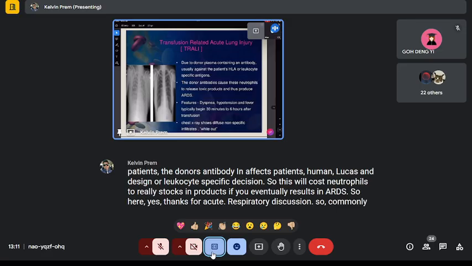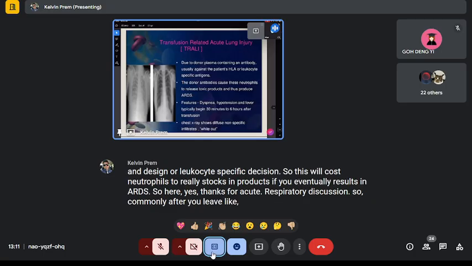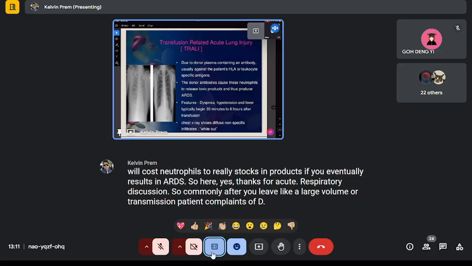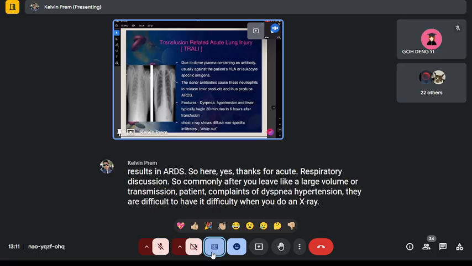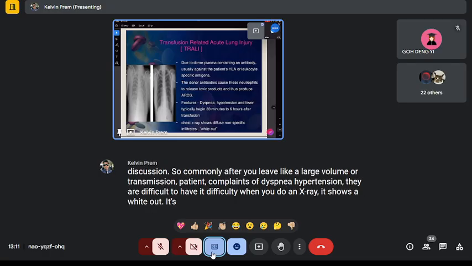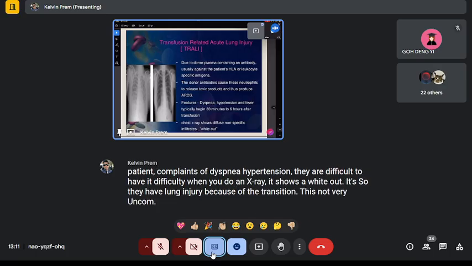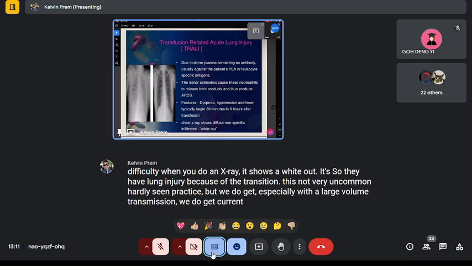Commonly, after you give a large volume of transfusion, the patient complains of dyspnea, hypotension. They have difficulty breathing. When you do an X-ray, it shows whiteout infiltrates. So they have lung injury because of the transfusion. This is not very common, hardly seen in practice, but we do get TRALI patients, especially with large volume transfusion.